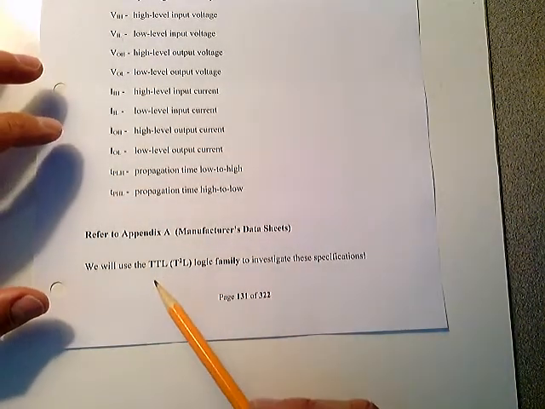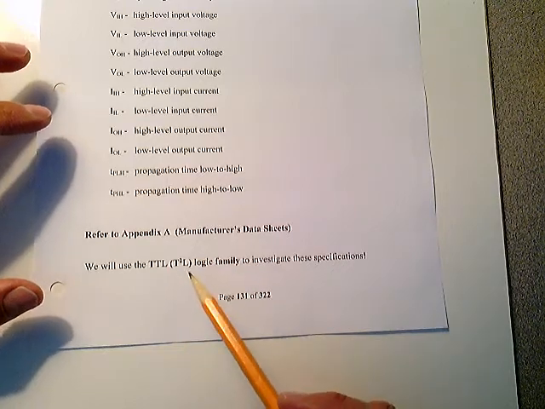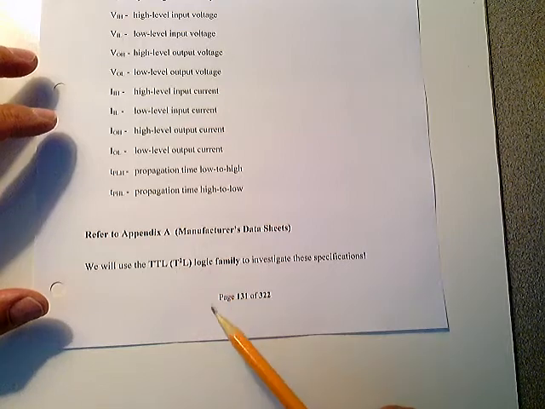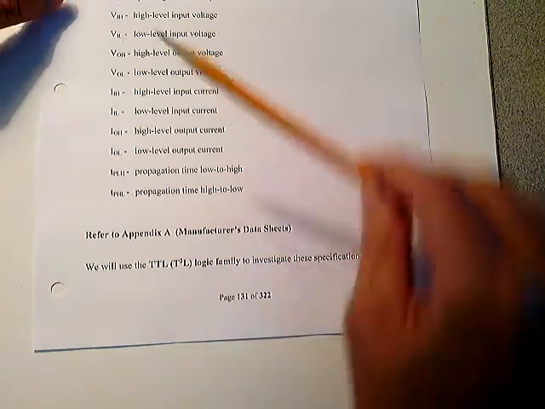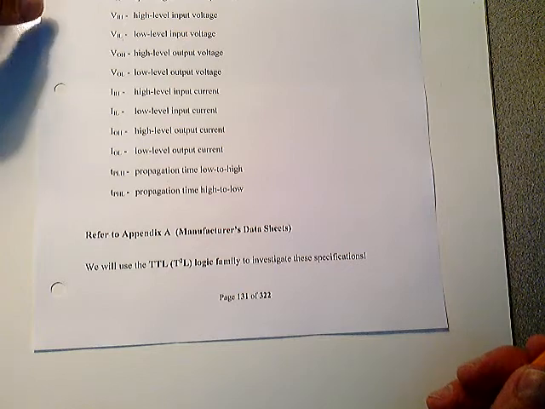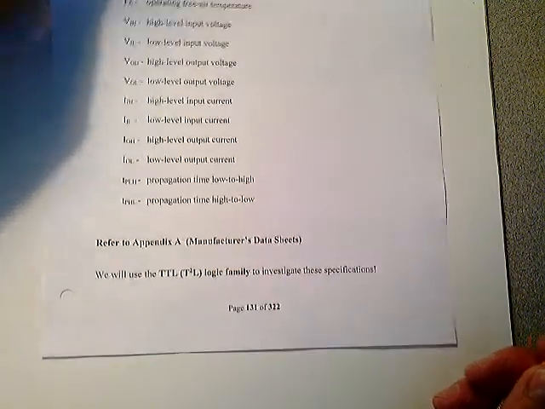We will use the TTL, or T squared L, logic family to investigate these specs. And then in homework you're going to be using other logic families and working with the numbers you find in the specifications for those integrated circuits.